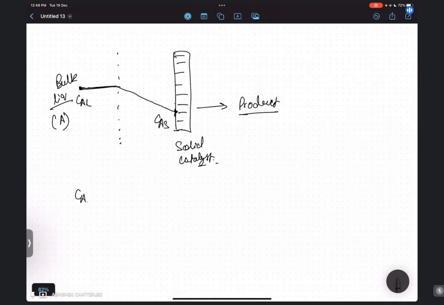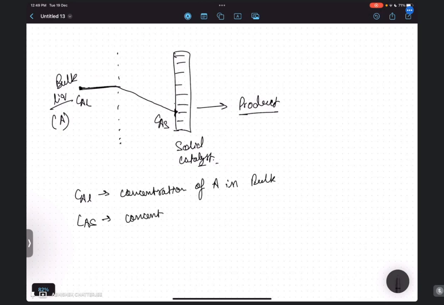CaL means concentration of A in bulk, and CaS means concentration of A at the surface.